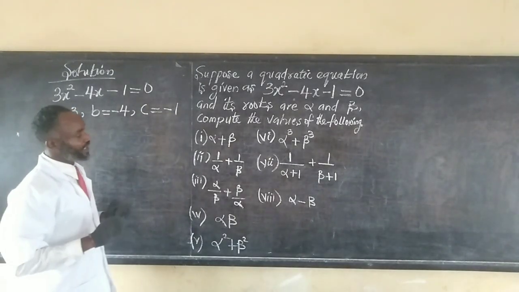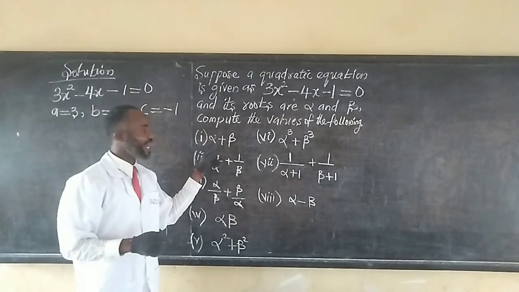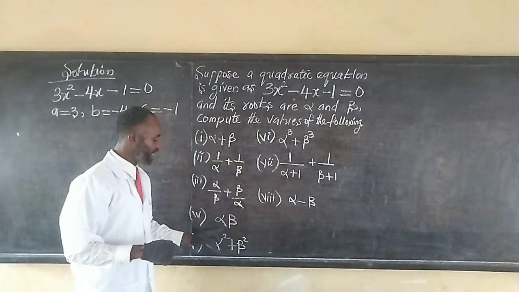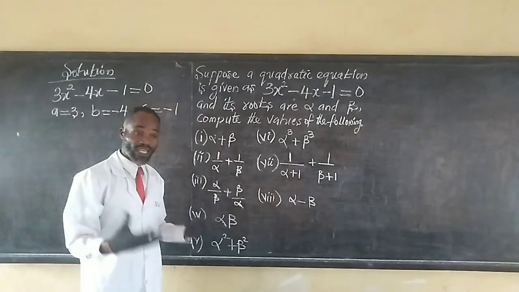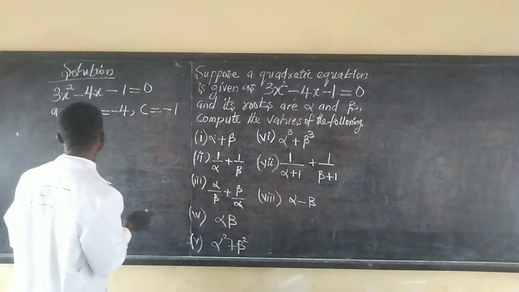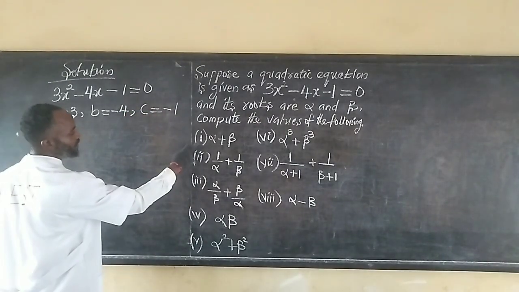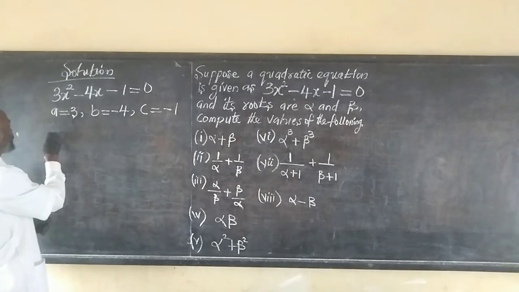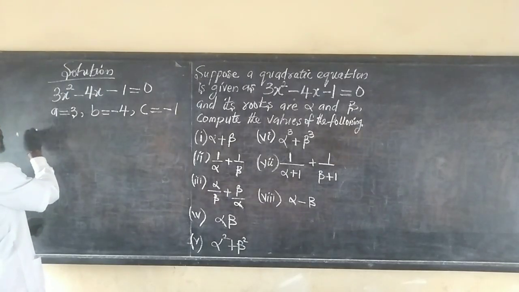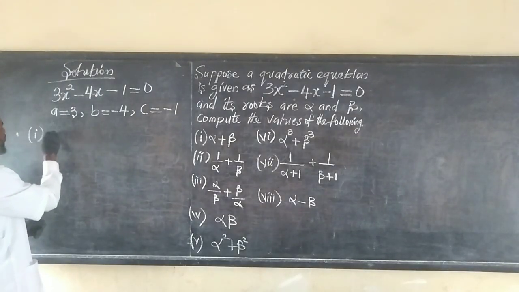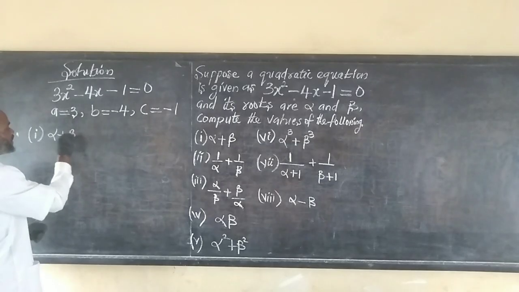That's all. The next thing we begin to apply respectively according to the roots given. Okay, so let's find question I. We have alpha plus beta.